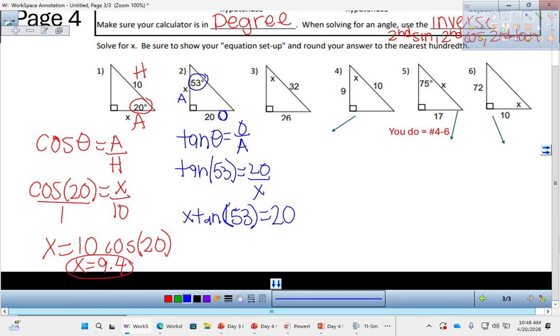This is like x times the tangent of 53, so to get rid of this, I can divide the tangent out. So my answer is going to be 20 divided by the tangent of 53. That's what I'm typing into my calculator.